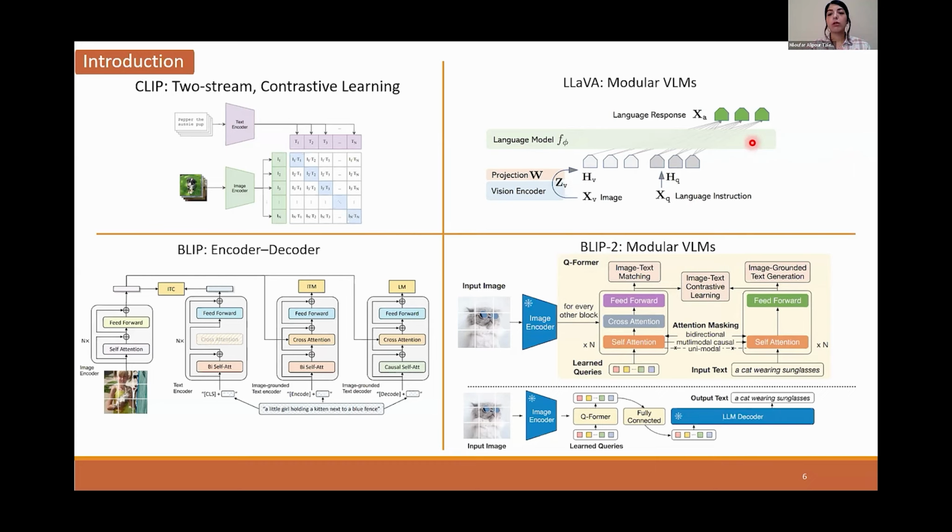All the parameters are frozen and they just utilize a mapping to prepare the embeddings of the vision, because the LLM is trained on only the language modality, and to fit the embedding of the image, we need to map the dimension of them to be appropriate for the LLM. And so in such models, the computational cost is by far less than, for example, models like BLIP version 1.